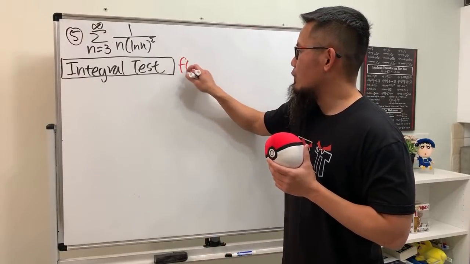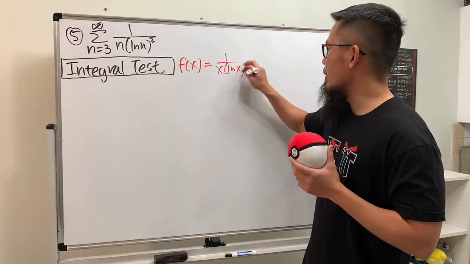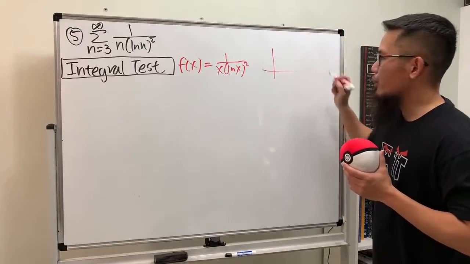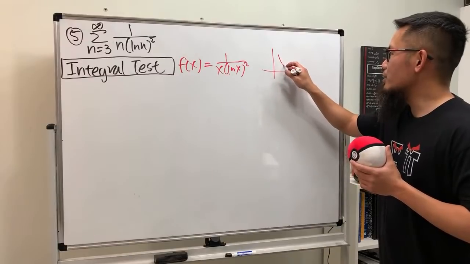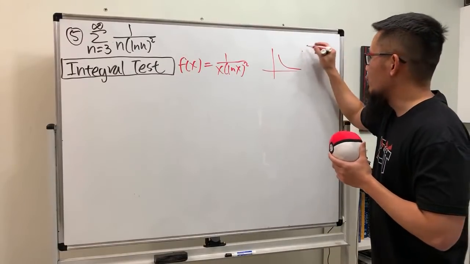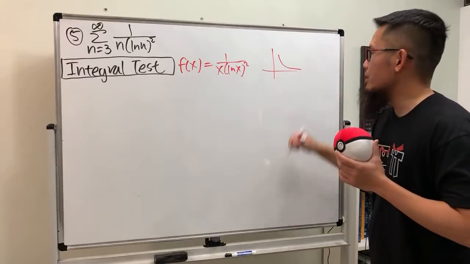Anyway, write down the function, which is f(x) = 1 over x (ln x) squared, and then supply the graph real quick. I haven't used a calculator for this yet, but you know what? It's going to look like this almost always when you have a regular calculus 2 question that requires the integral test.